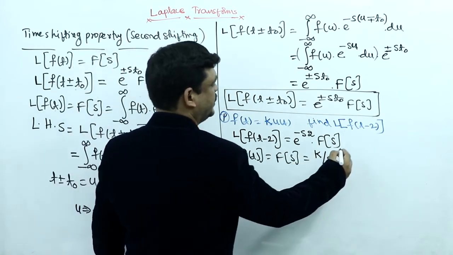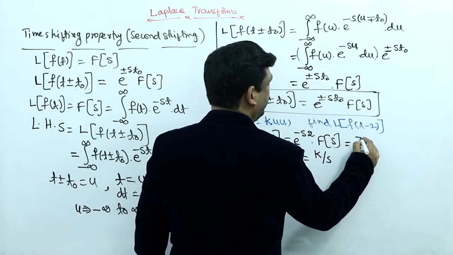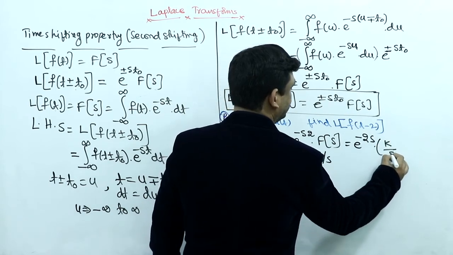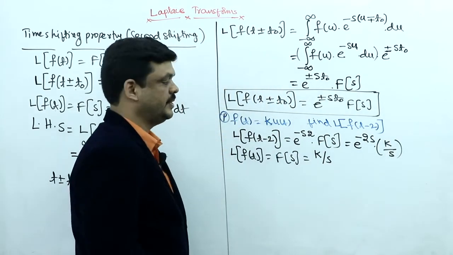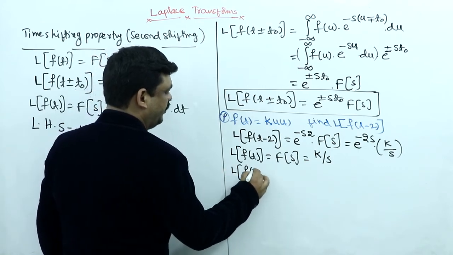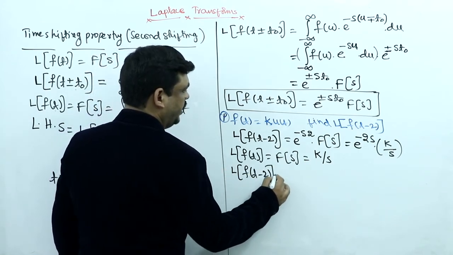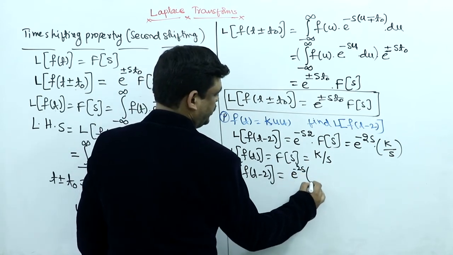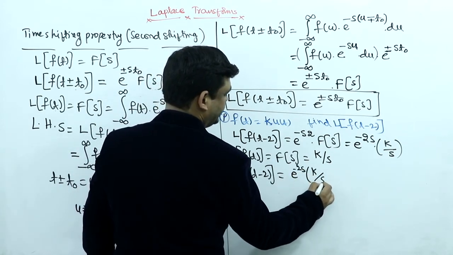Substitute that value here, then you will get e to the power of minus 2s into k by s. So finally, Laplace transform of f of t minus 2 is e to the power of minus 2s into k by s.